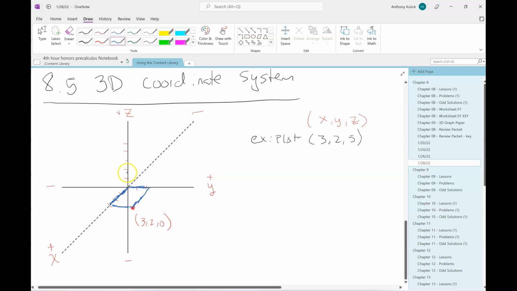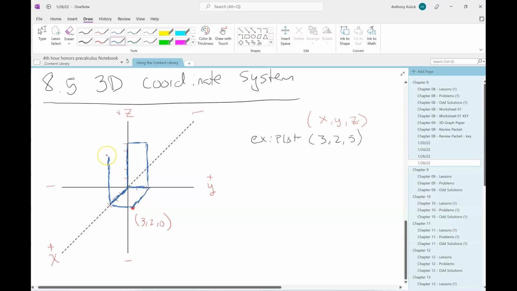What I'm going to do now is project this upward into the z direction. Basically, I'm going to start building the sides of my box. I usually like to start with the back side of my box. And now, from this corner, I start building the other side.